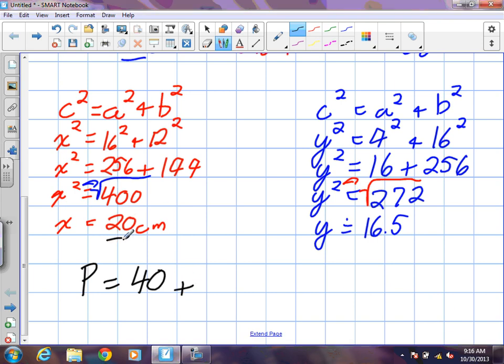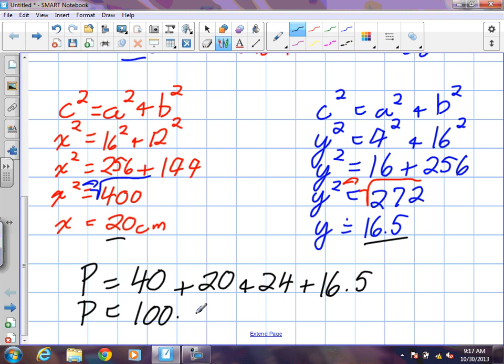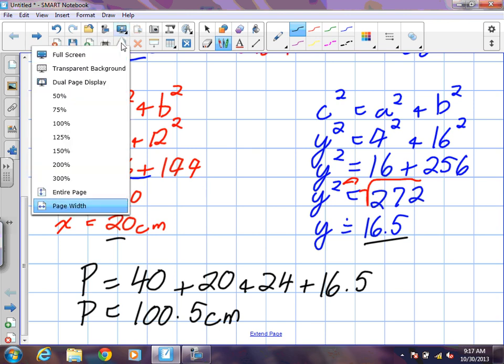The top of the trapezoid, which was 24, in case you didn't remember. And the other side of the triangle, which was 16.5. 100.5, great. So the perimeter of this trapezoid is 100.5 what? Is it squared? No, it's a distance. It's not an area. So because it's a distance, it's only centimeters. That's all we're measuring.